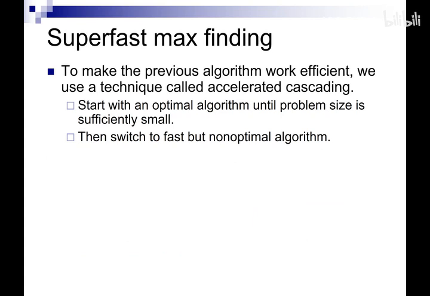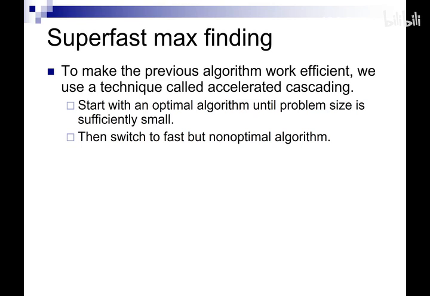In order to make this work efficient, we're going to use a technique called accelerated cascading. Basically this technique is to start with a work-efficient algorithm, and keep using that until the problem is sufficiently small.